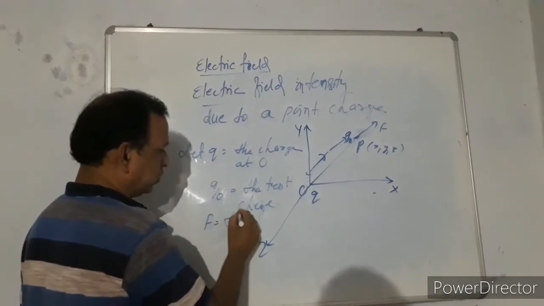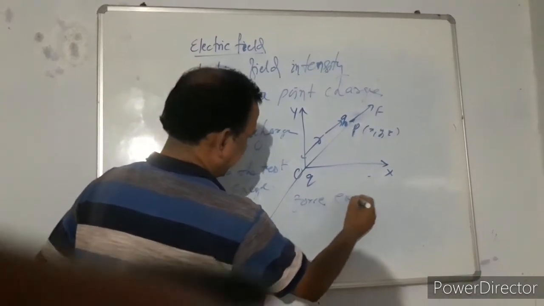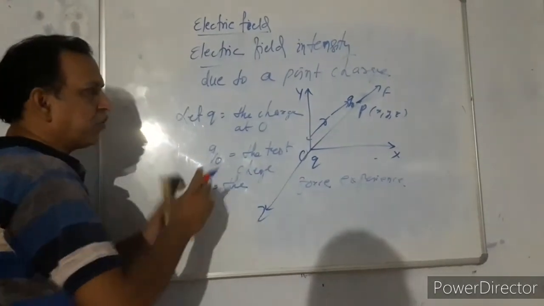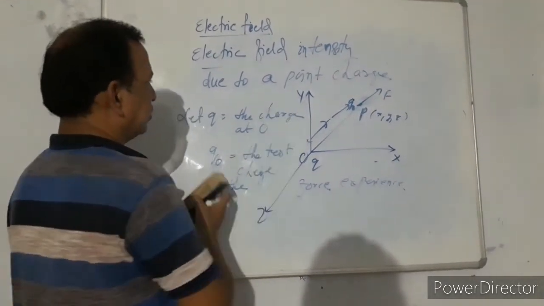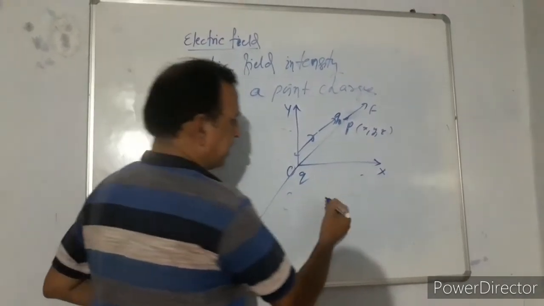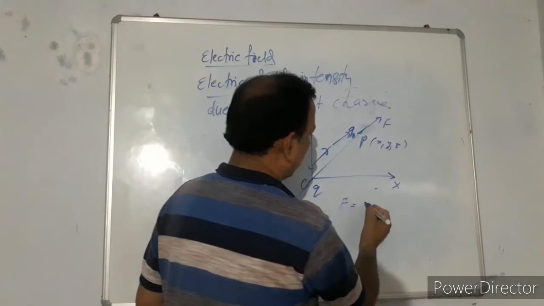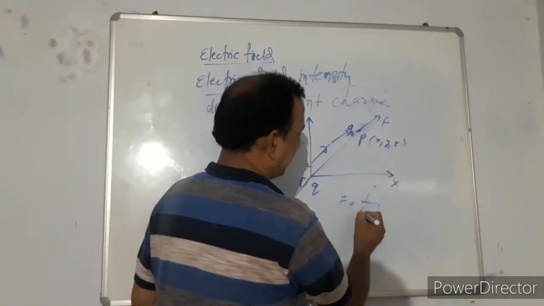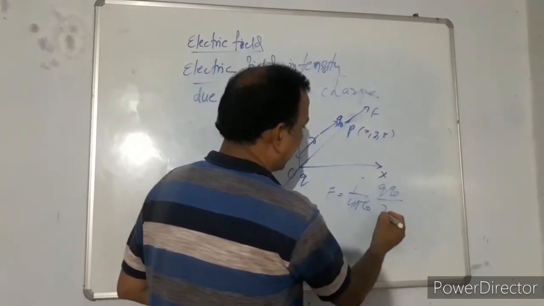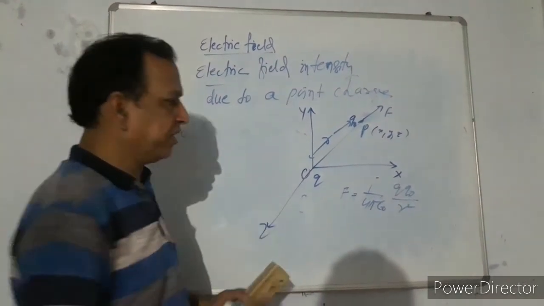Let Q be the charge at O, Q0 the test charge, and F the force experienced. So F is equal to 1 by 4 pi epsilon 0 Q Q0 by R square. Then what is the intensity?